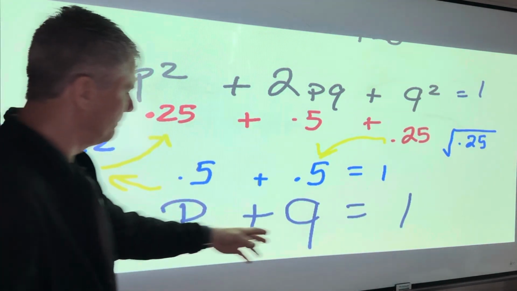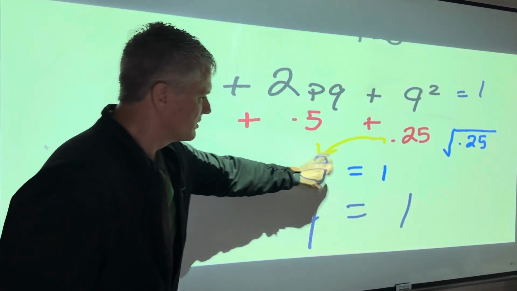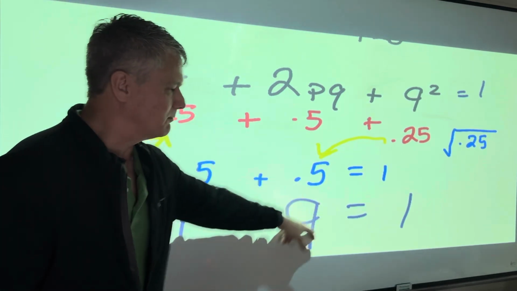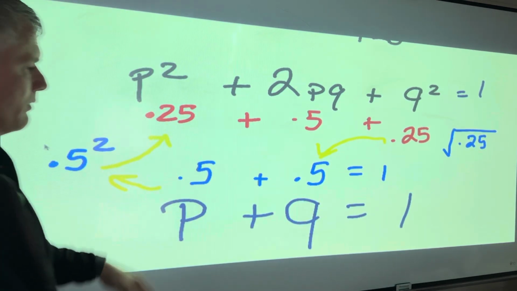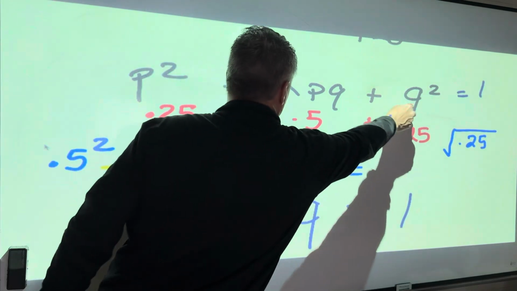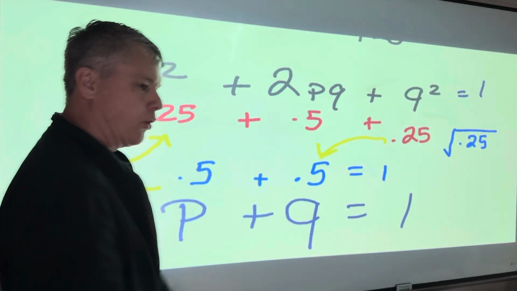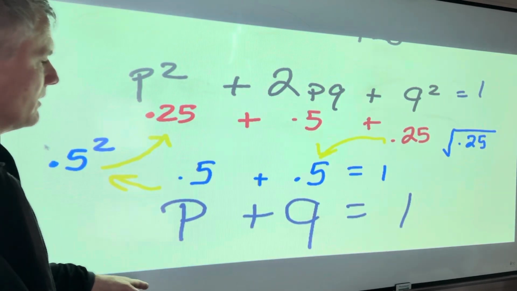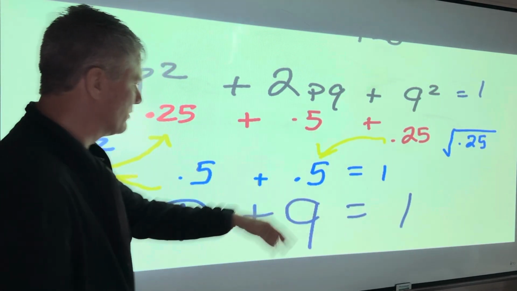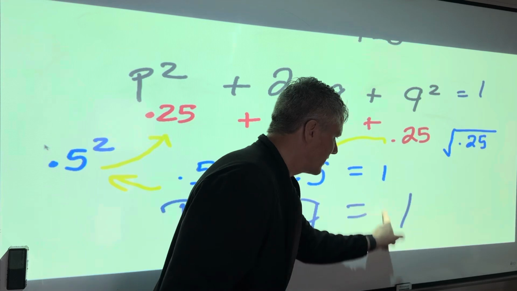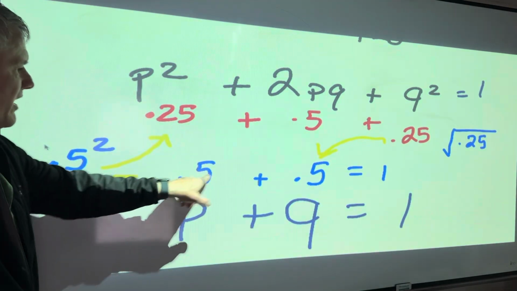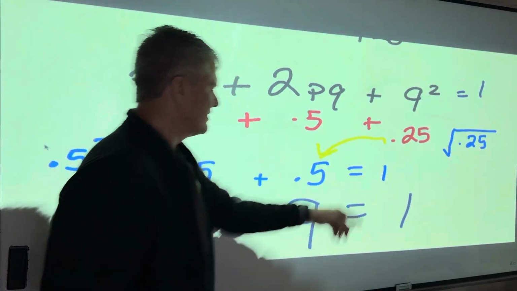So now you've got P plus Q. These alleles are distributed pretty evenly among the population. P plus Q equals 1. Remember, you've got to check. 0.5 plus 0.5 does equal 1.